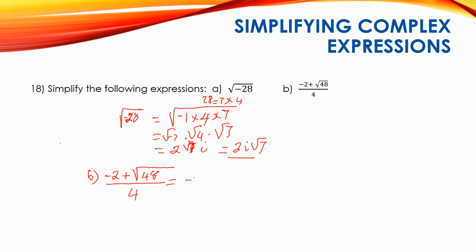Let's factor 48 here. 48 is 24 times 2, and 24 is 12 times 2, and 12 is 6 times 2, and 6 is 3 times 2.